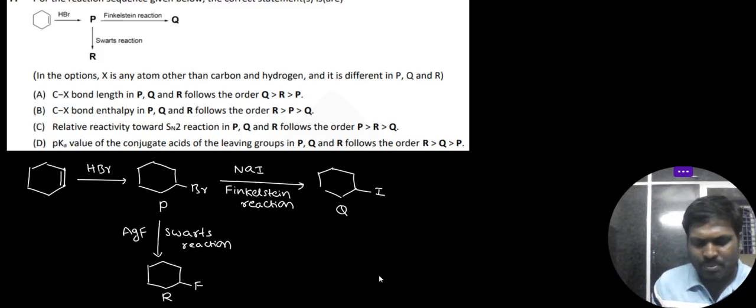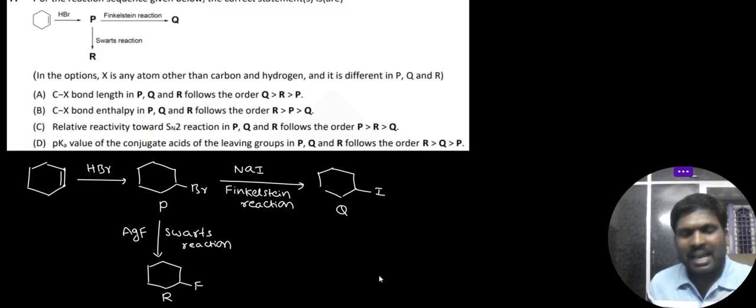First one: the C-X bond length in P, Q, R follows the order Q greater than R greater than P, as given. We have to check whether it is right or not.